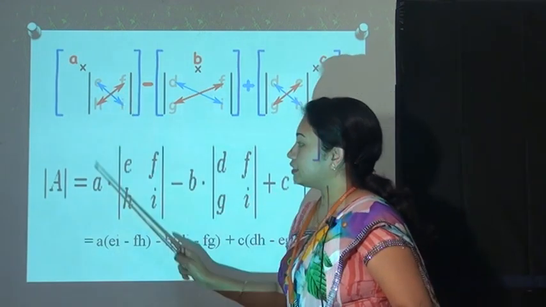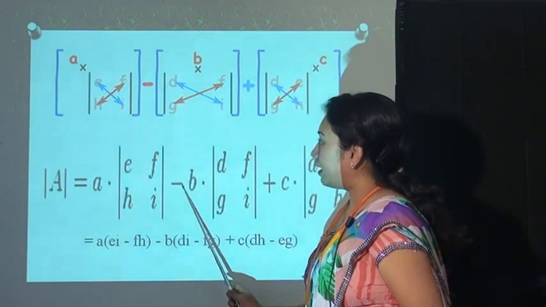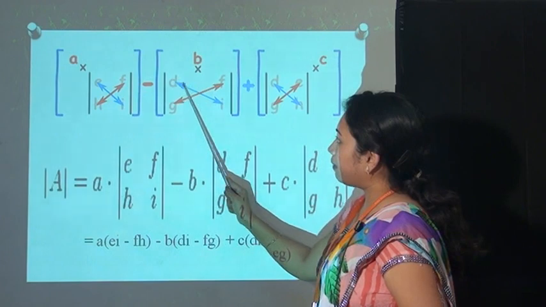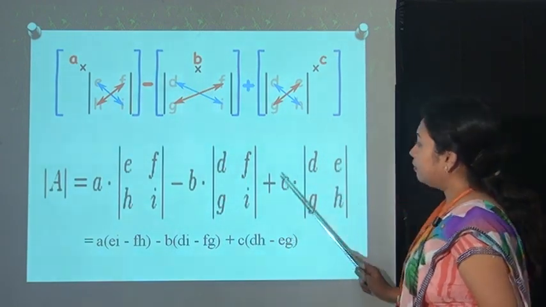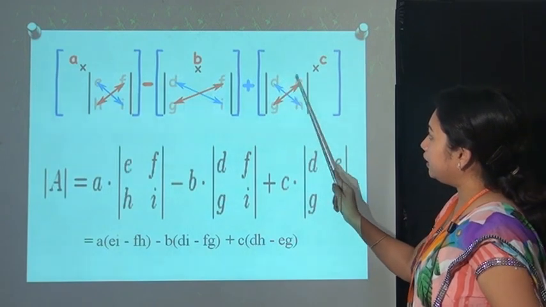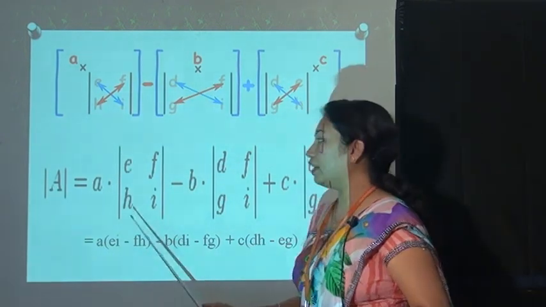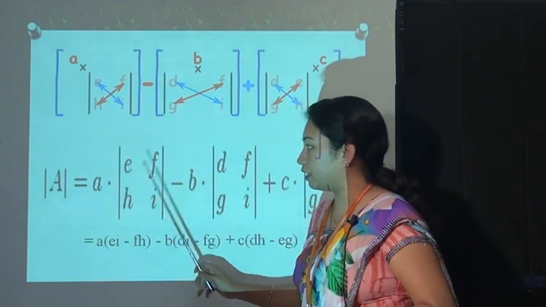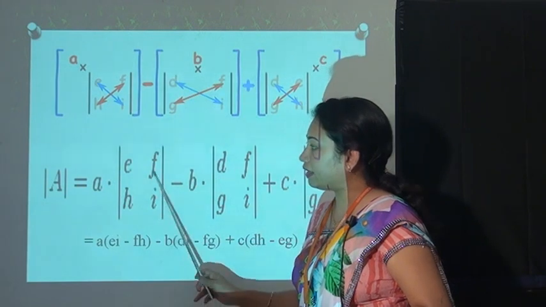So this is A multiplied by the determinant E, F, H, I, minus B multiplied by the determinant D, F, G, I, plus C multiplied by the determinant D, E, G and H. Now you know very well how to solve a 2 by 2 determinant: cross multiply these two elements minus cross multiply these two elements.